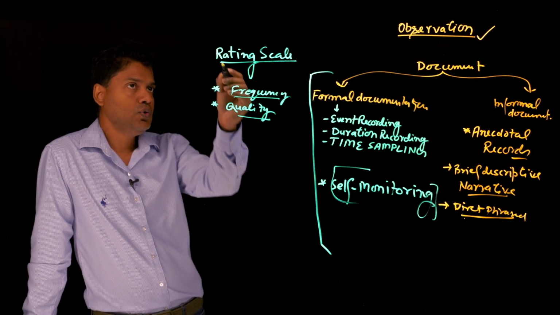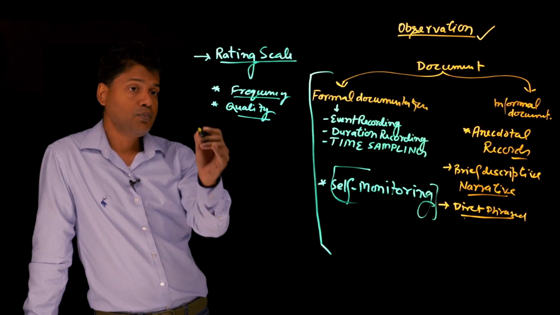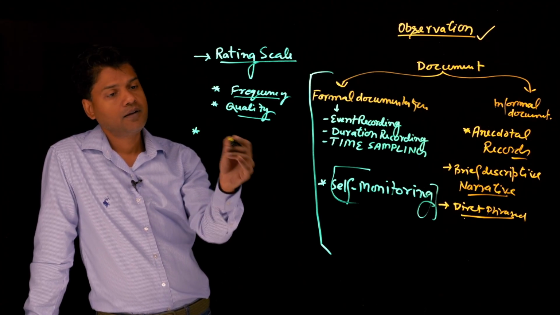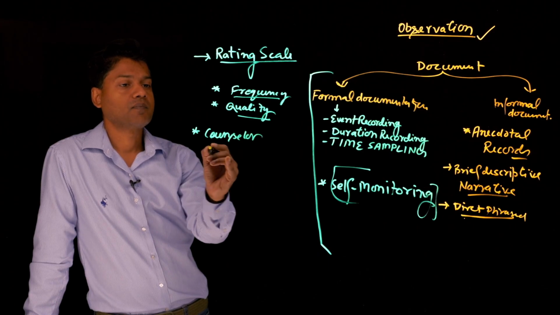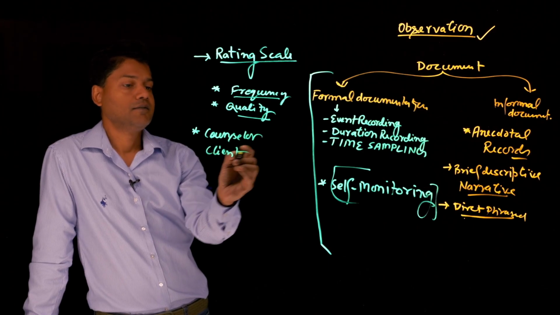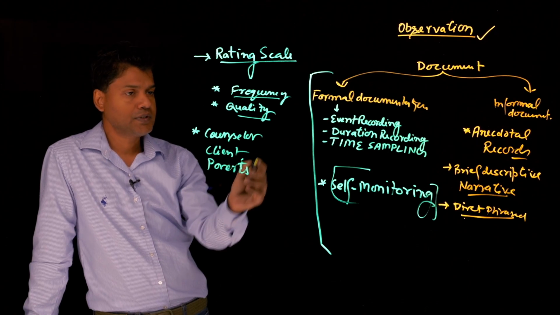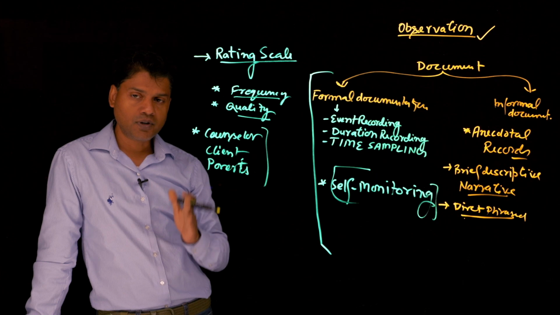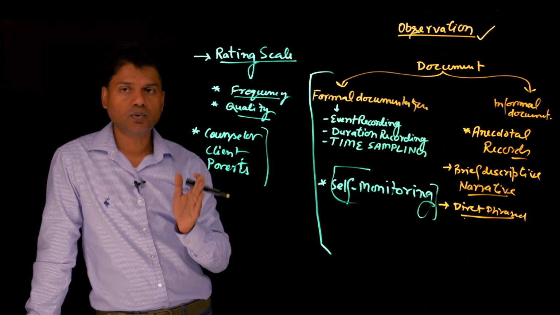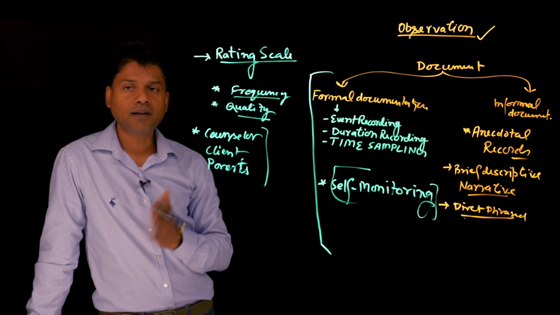And who fills that rating scale? It could be filled by the counselor, client, parents, it could be anyone, like stakeholders. And sometimes the scales are developed for a specific stakeholder. So some scales should be filled by the counselor.